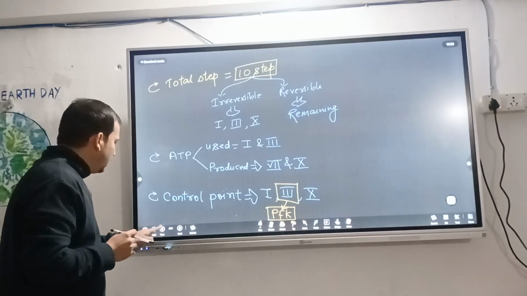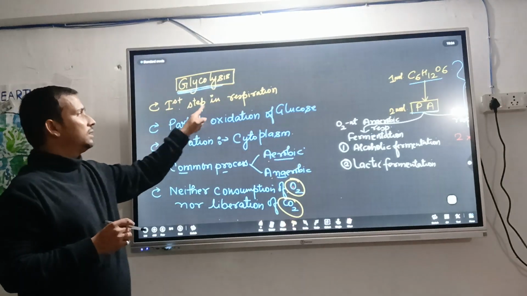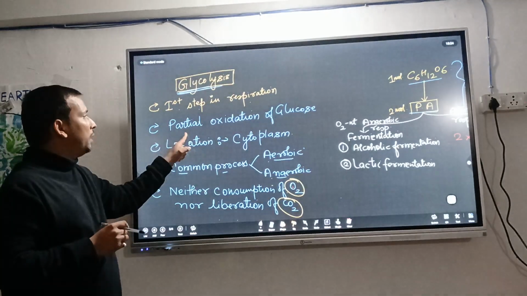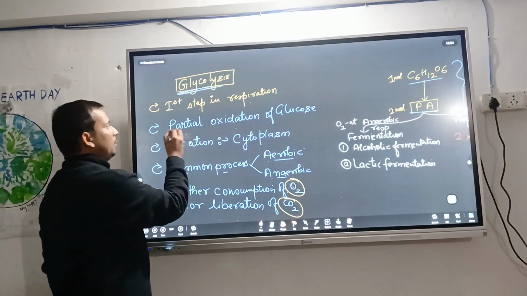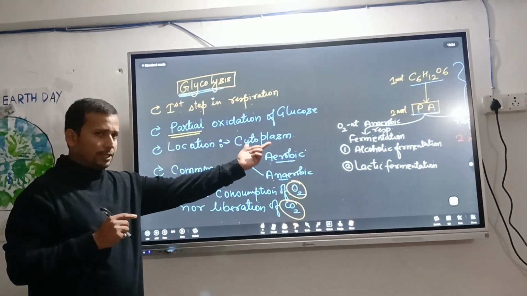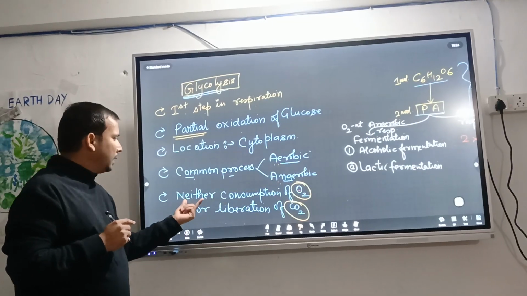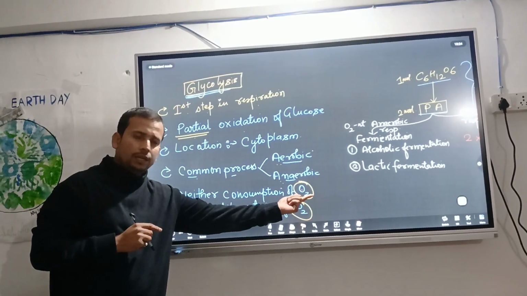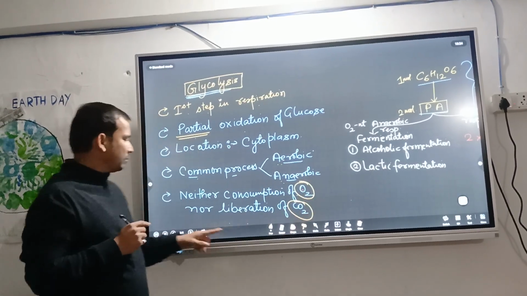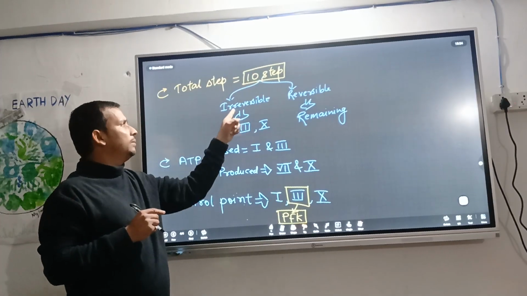So let me conclude till here once more. Glycolysis, the first step in respiration, is partial oxidation, located in the cytoplasm, and common in aerobic as well as anaerobic respiration. Neither are you using nor giving. Next, how many total steps? 10 steps.